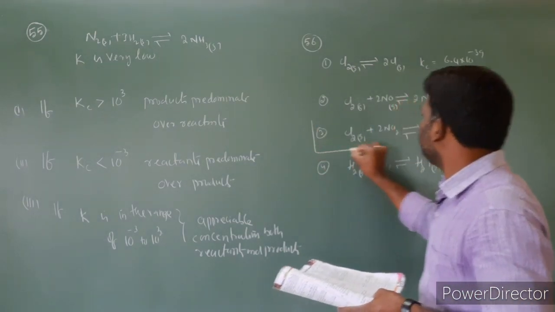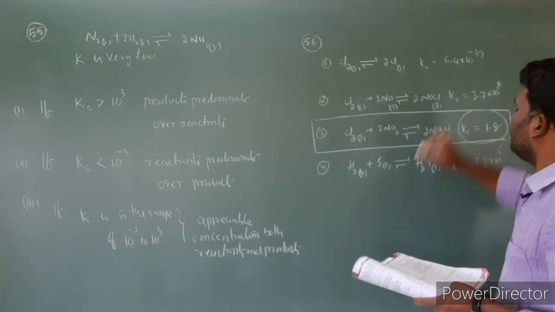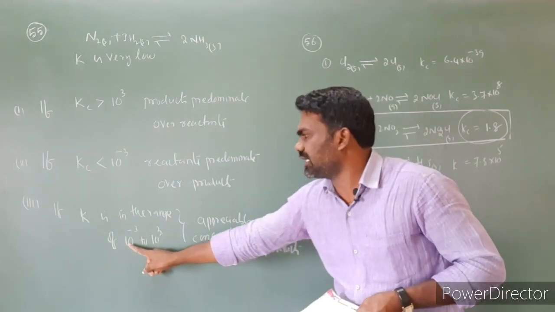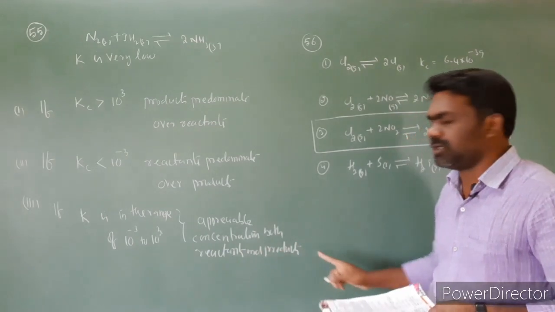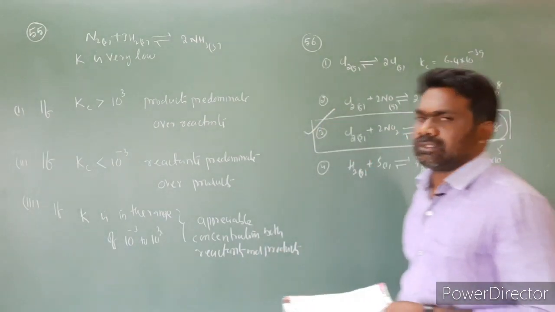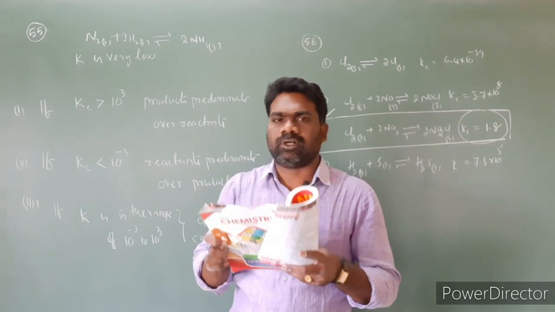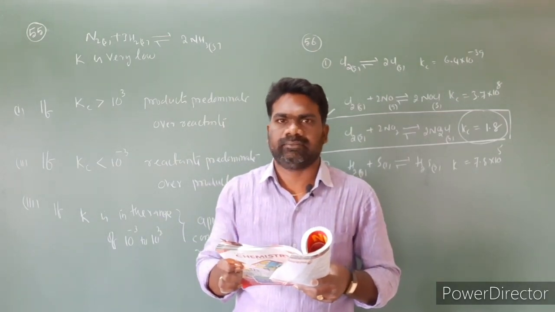Look at the third option: Kc is 1.8, in the range between 10 power minus 3 and 10 power 3. So appreciable concentration of both reactants and products is present in the case of the third option. So question number 56, third option is correct.